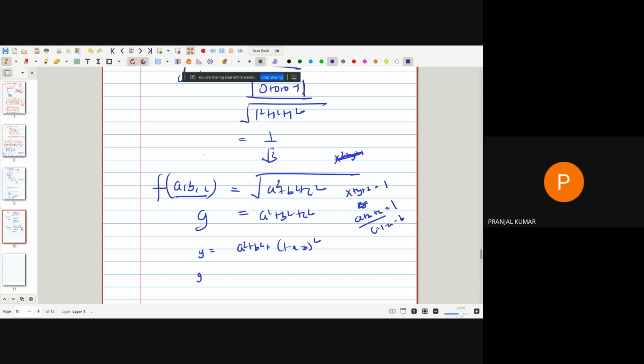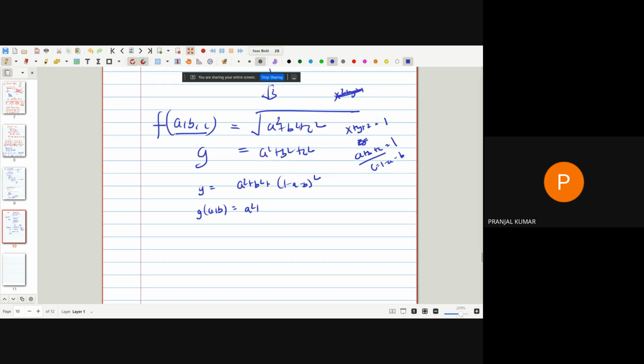So g of a, b is a square plus b square plus 1 minus a minus b whole square. If you don't remember the formula, expand: 1 minus a minus b, so minus a plus a square plus ab, then minus b plus ab plus b square.